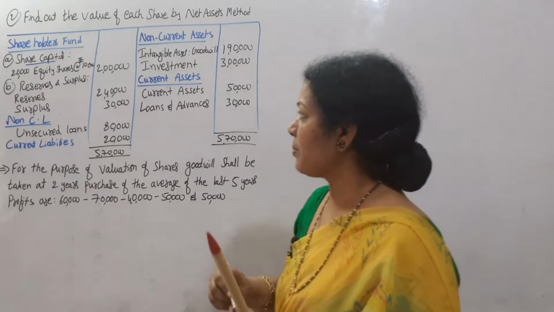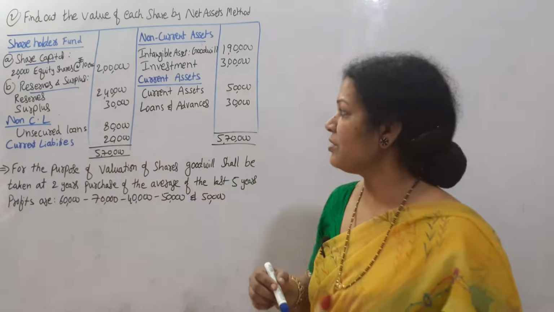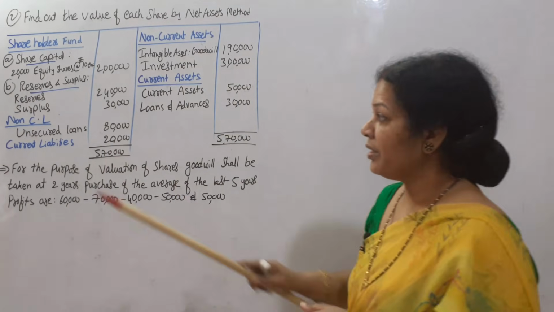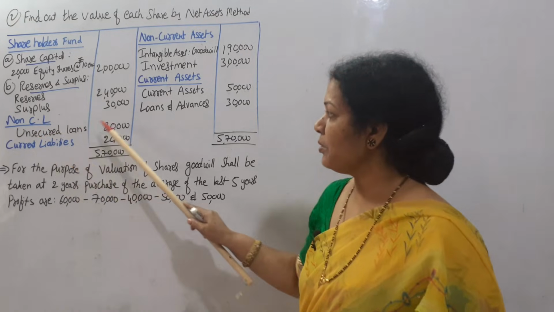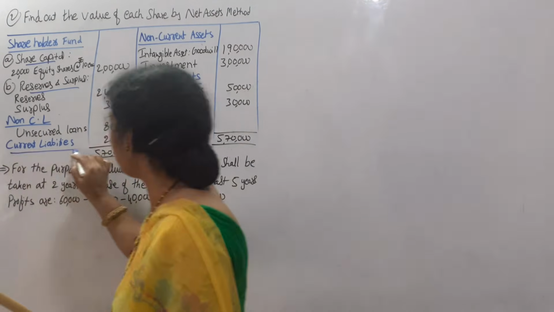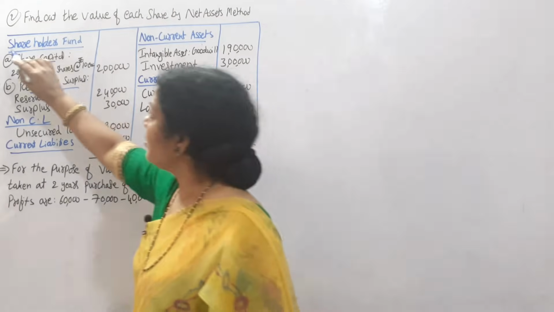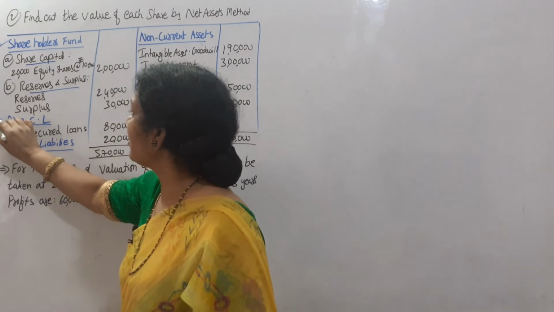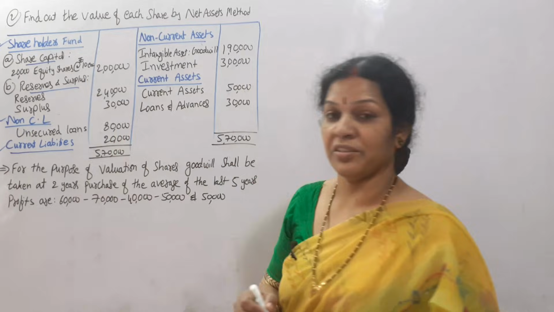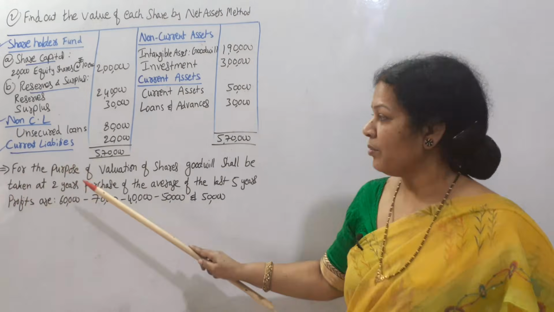And reserves and surplus: reserves are 2 lakh 40, surplus is 30,000. Now non-current liabilities, unsecured loans 80,000 and current liabilities 20,000. 3 headings are given: shareholders funds, non-current liabilities and current liabilities. Apart from this, what is given?